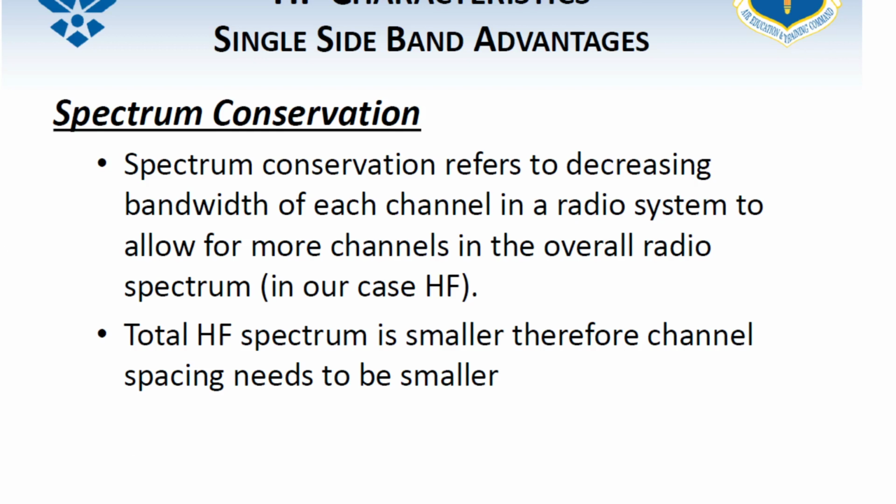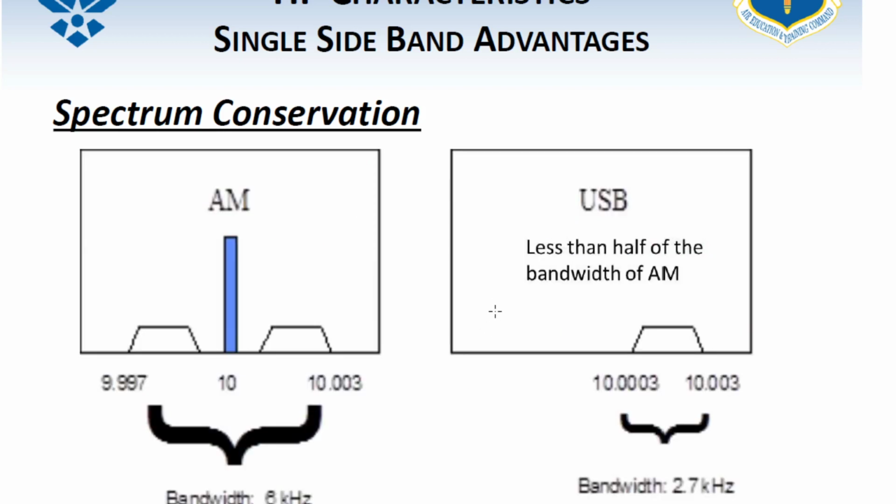Perfect timing. All right, so here's a picture. Probably isn't as good as what he showed you guys on the CPA. But if you look on the left, that is our traditional AM, taking up the full 6 kilohertz bandwidth, and the upper sideband on the right, which can be interchanged with lower sideband. It doesn't matter, it's not always one, not always the other. But it is less than half of the bandwidth of AM.